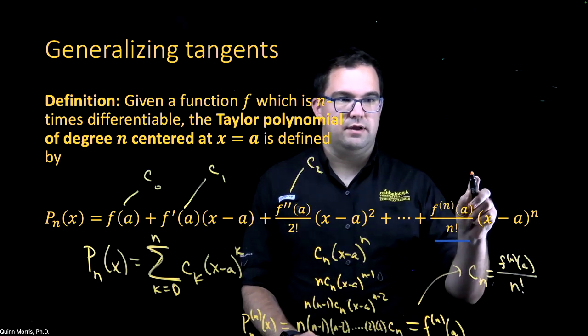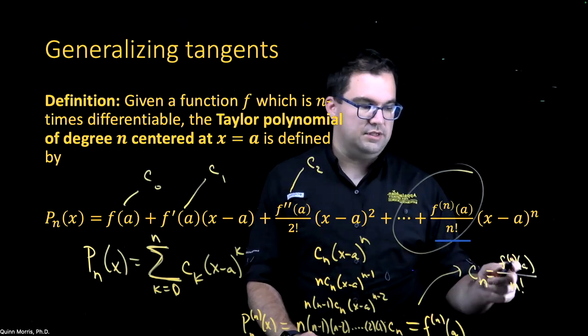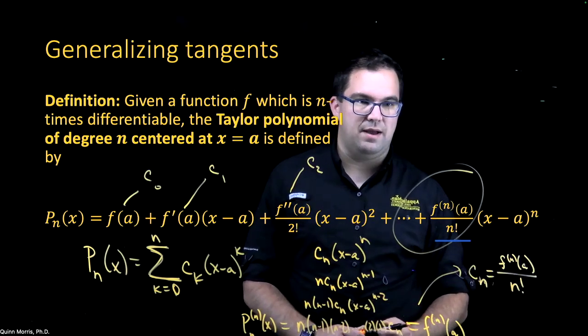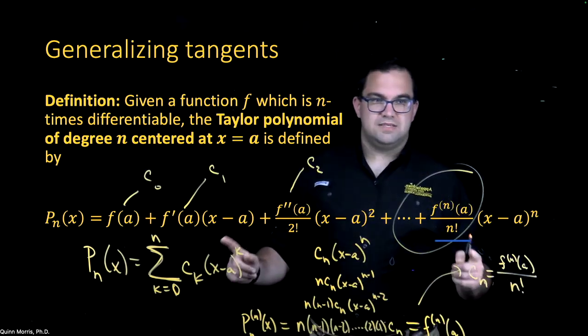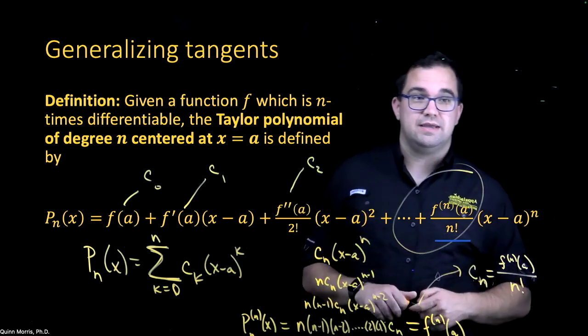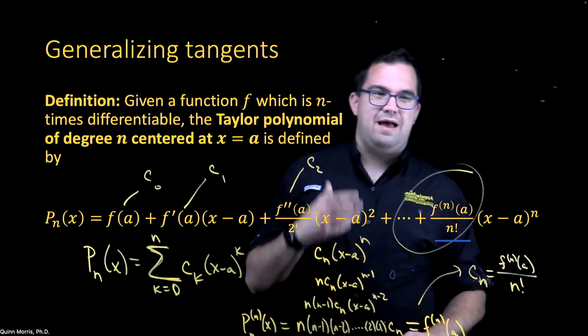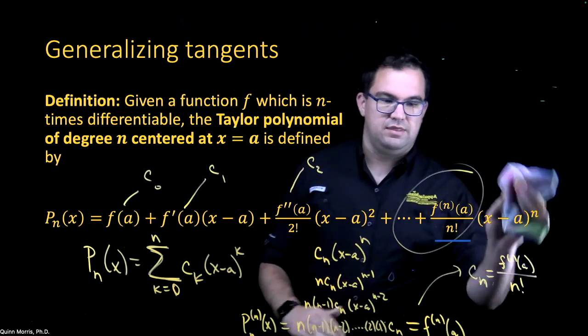So you see here again this generic nth term's coefficient: it's just the nth derivative at a divided by n factorial. So what this formula does is give me a way of more quickly and efficiently computing the Taylor polynomial without having to set everything up and compute everything every time.